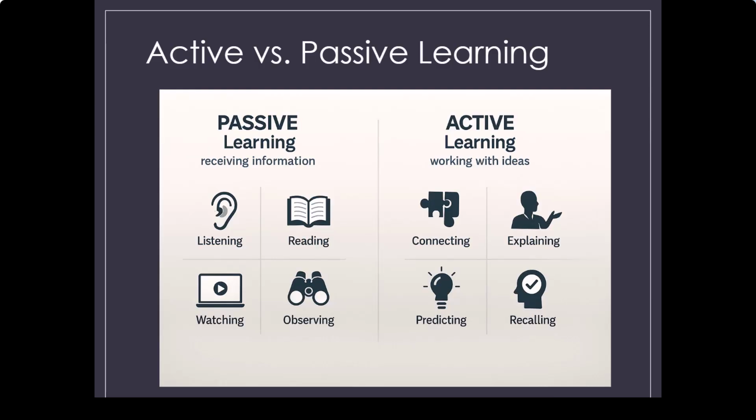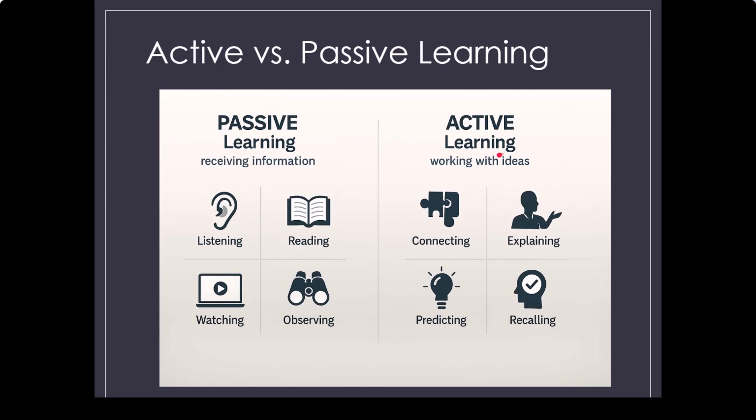This information chart highlights the difference between passive versus active learning. On the left, we see things where students are just receiving information: listening, reading, watching a video, and observing. The information is being provided to them, but they aren't doing anything with it.